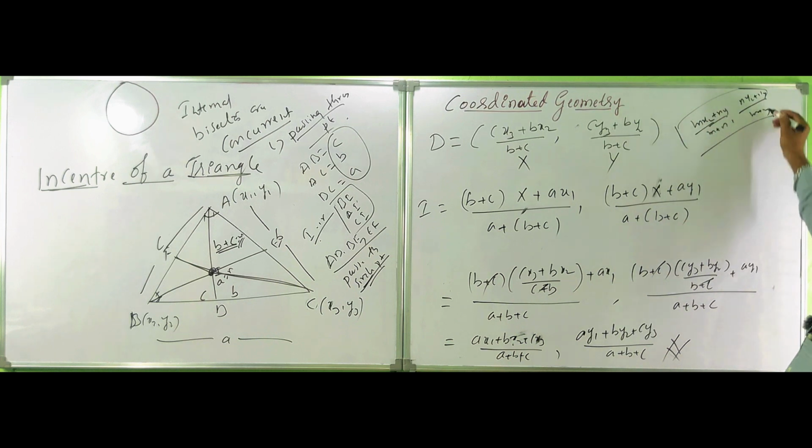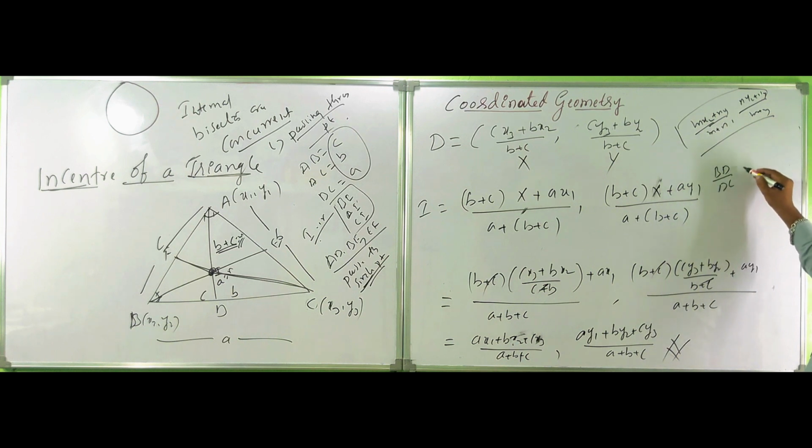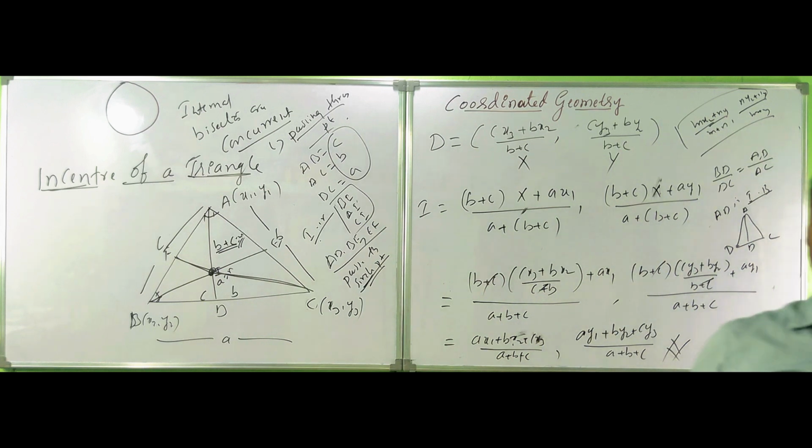Another one is BD by DC is equal to AB by AC, where AD is the internal bisector of the triangle. Only using these two formulas we derive these two equations.